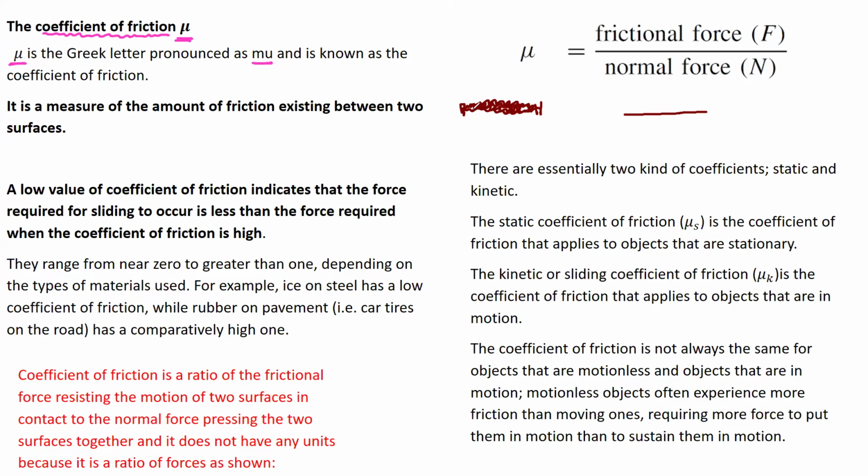So the coefficient of friction is a value that tries to indicate how much frictional force would be available on a certain surface. Here's what I'm saying. Listen to me.